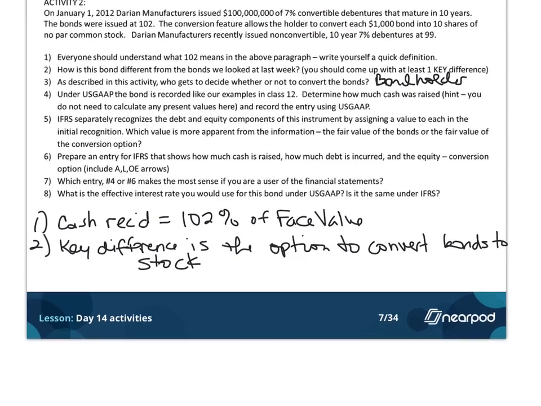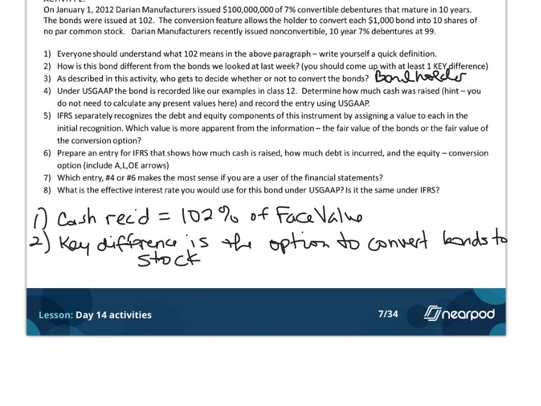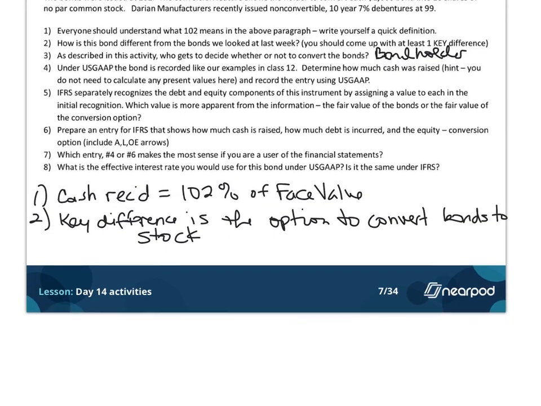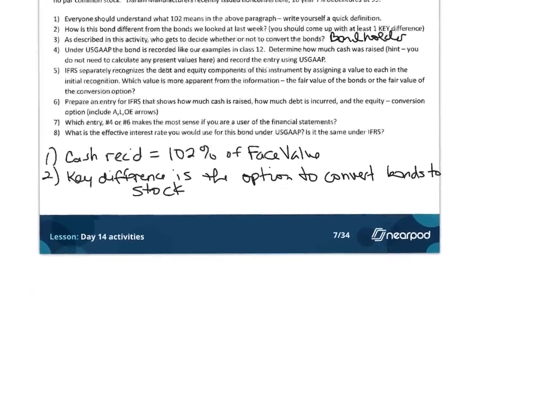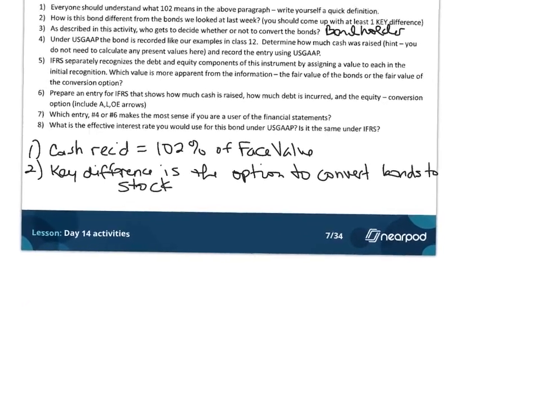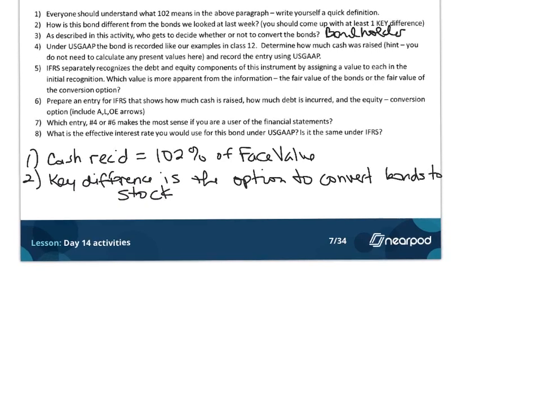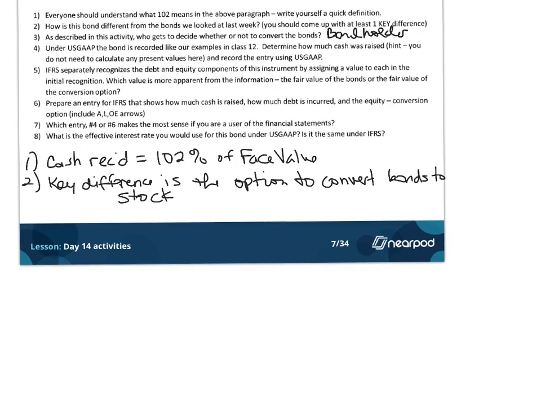So that's what that was asking. And then I talk about under U.S. GAAP, we're going to record this bond just like we did in our examples the first day of the bond chapter. So I want you to think about what that would look like. Record that entry using U.S. GAAP.